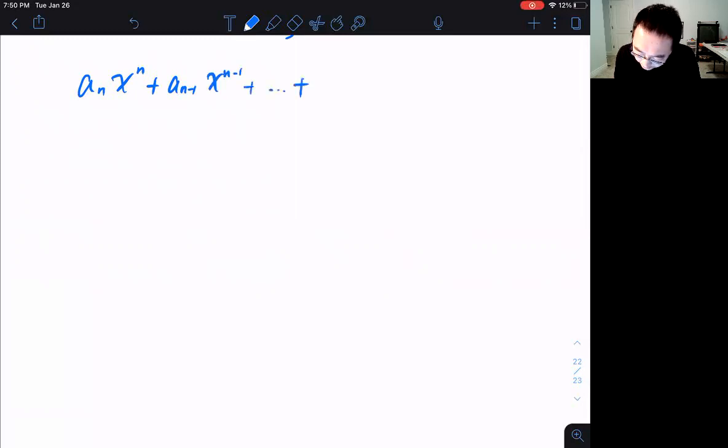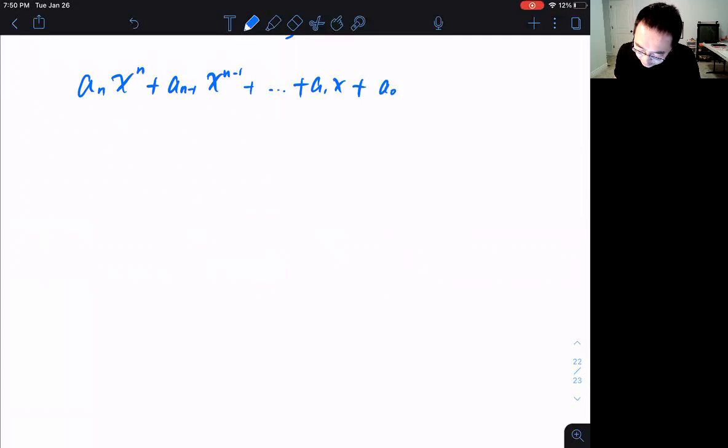Your book talks about where, let's say, you have a polynomial equation with n degrees, and what we mean by that is you have a_n times x to the nth power plus a_(n-1) times x to the n minus 1 power plus dot dot dot plus a1 x raised to the first power plus just a naught.